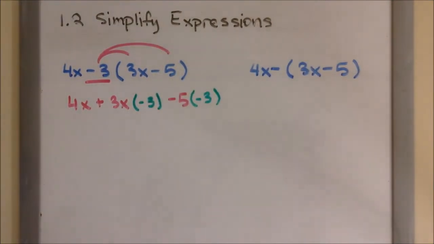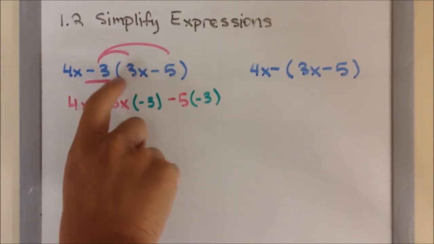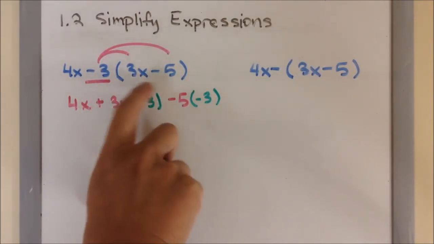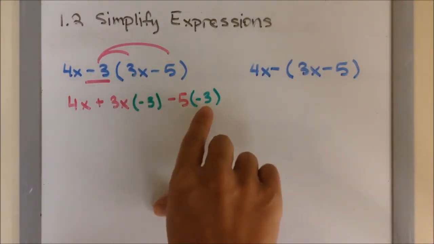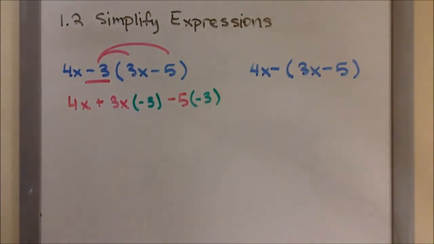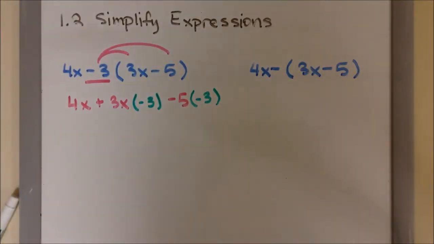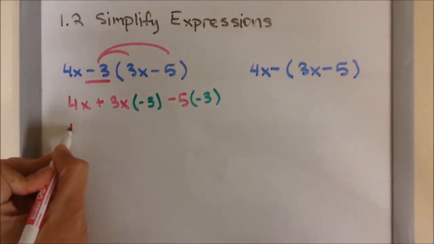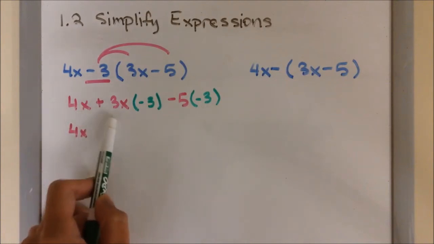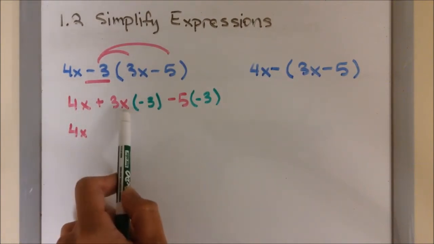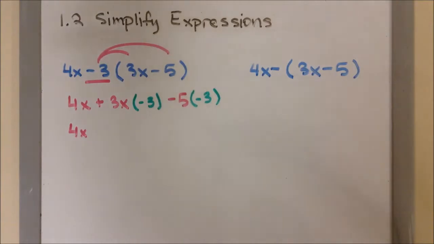So, to review, if you have a number in front of the parenthesis, you're going to distribute to everything that's inside. So I distribute the negative 3 to the 3x, the negative 3 to the minus 5. Now, 4x, I can't do anything with it. The reason I didn't add 4x with 3x is because this right here, it's multiplying. So again, according to PEMDAS, multiply, divide from left to right, and then add or subtract from left to right.